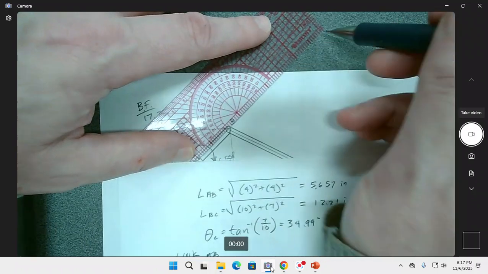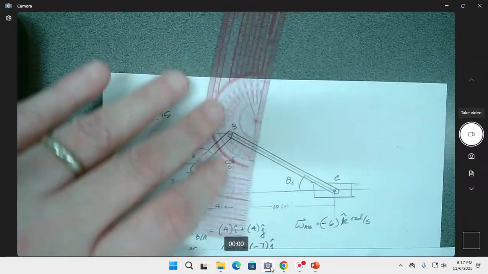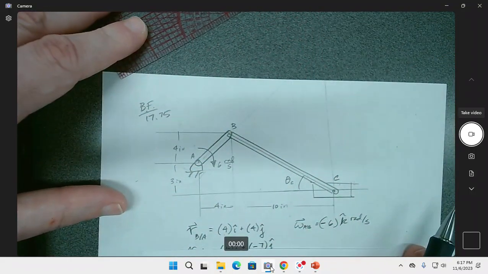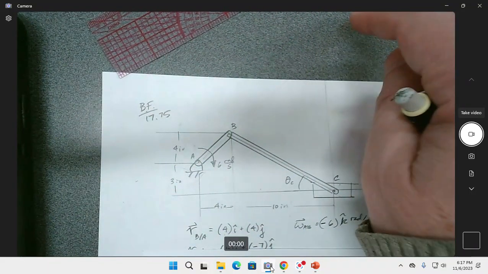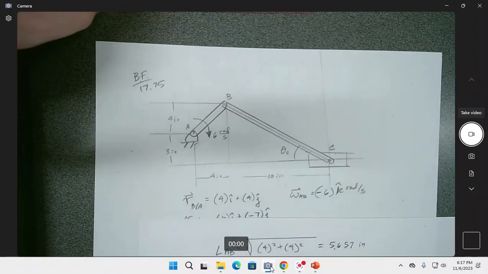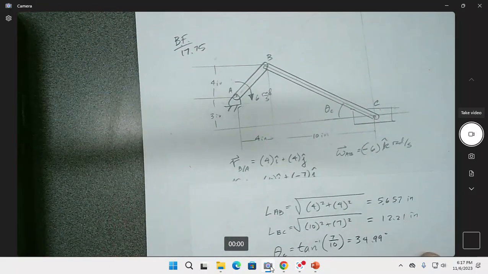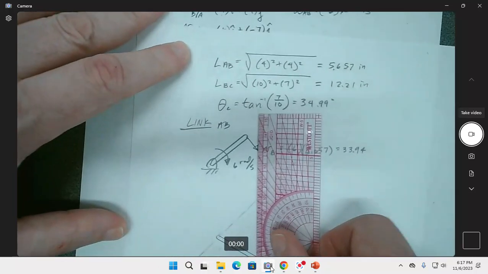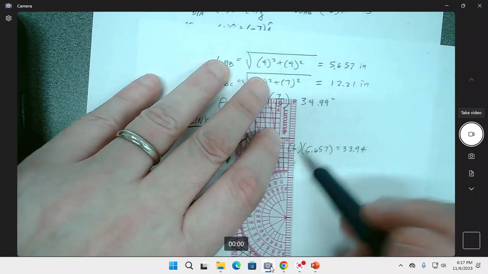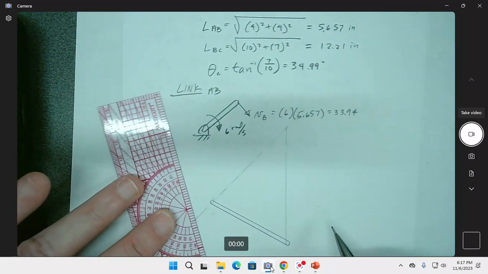Just real quick, this one has to extend up there, right? So ICR is off the page. Way up here. Yeah. We'll fudge it a little bit for this one. Like that right there.